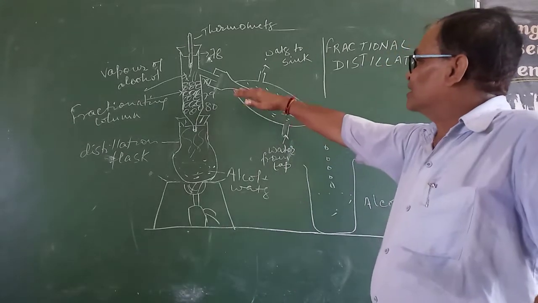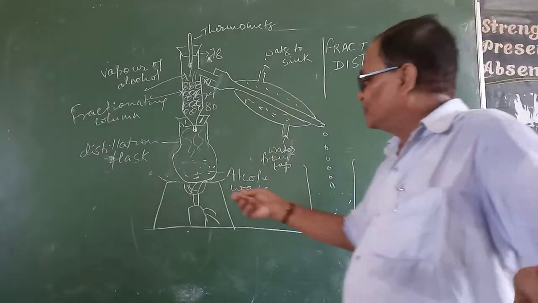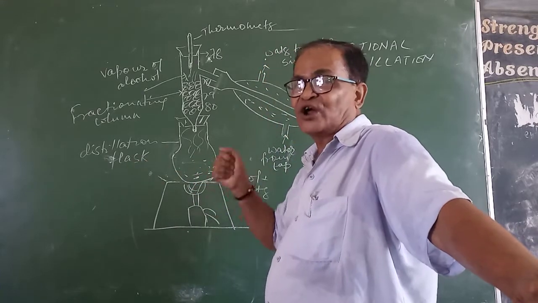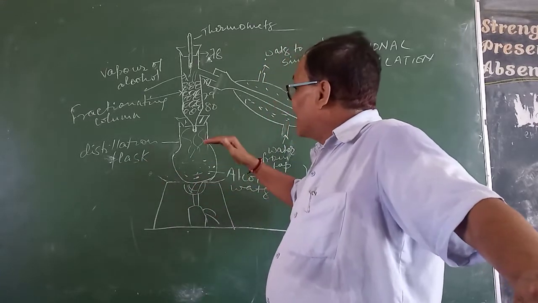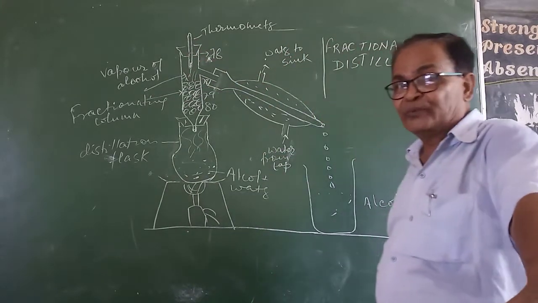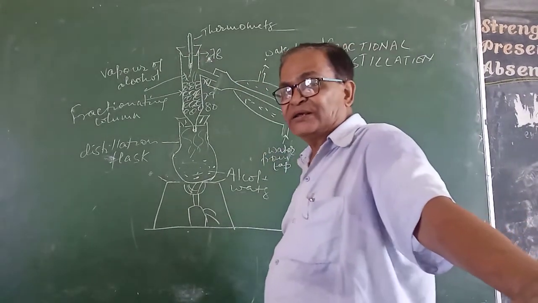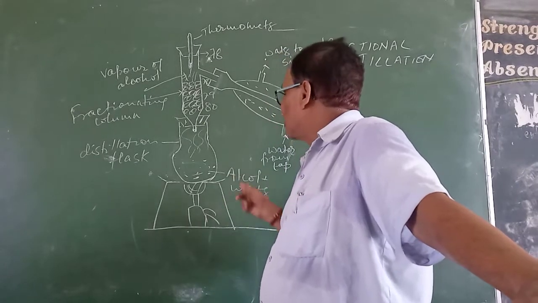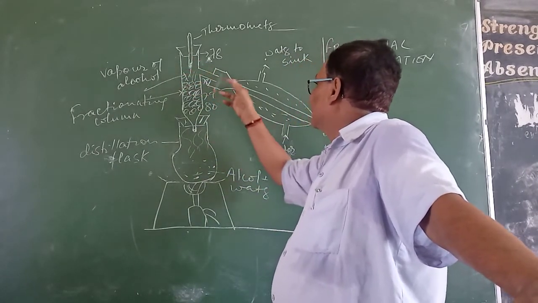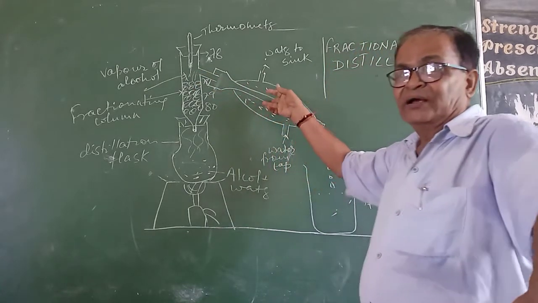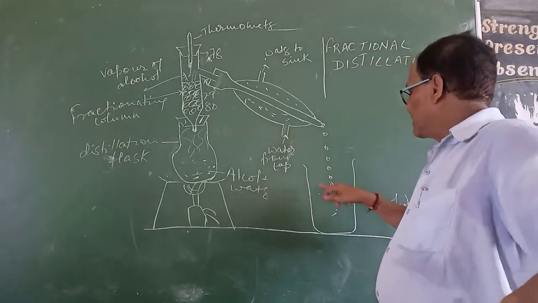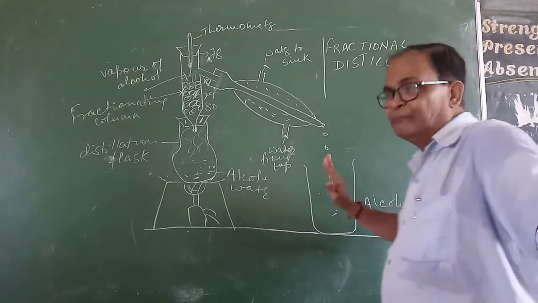After the separation of alcohol, we heat the distillation flask strongly, and as the temperature of the upper part of the fractionating column reaches 100 degrees Celsius, the vapors of water pass out through the condenser and are condensed into water drops and collected in another beaker.